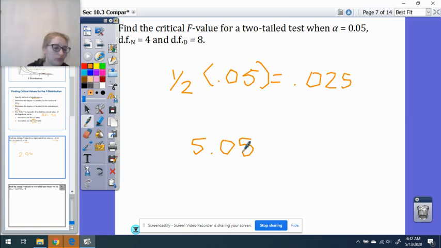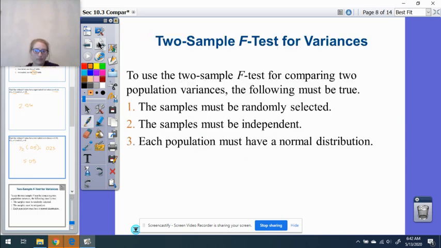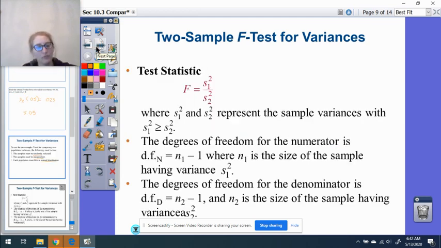Okay. All right, so let's do a few other things before we run through an entire example where we test a claim. In order to perform this test, our samples have to be randomly selected, independent, and have normal distribution. Okay, so nothing really new with that. So our formula is here.